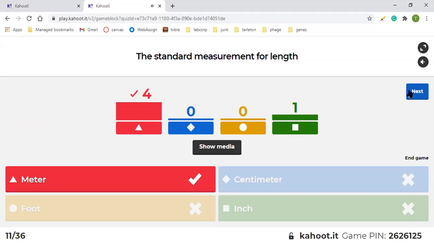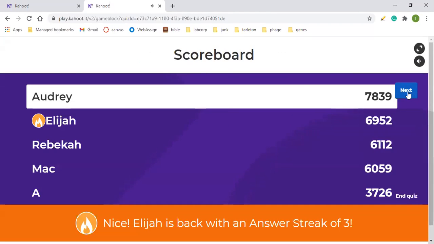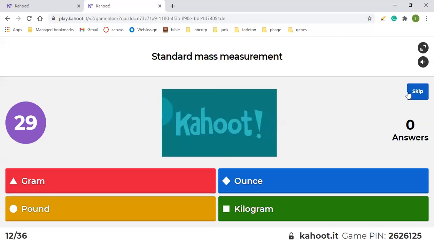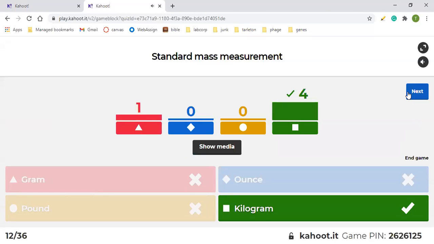So meters is going to be our standard length or distance that we're going to use. I'm going to use the kilogram. I know chemistry, but in physics we're going to be using kilograms because we're looking at macro objects rather than micro objects like we do in chemistry.